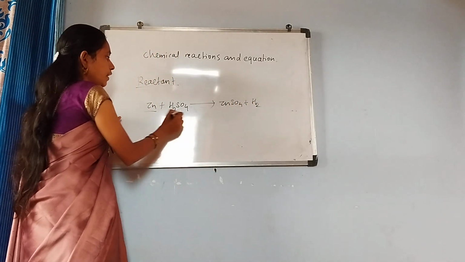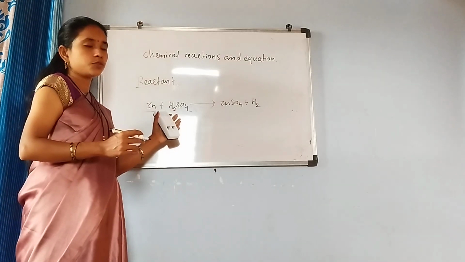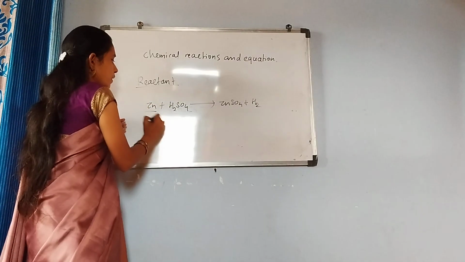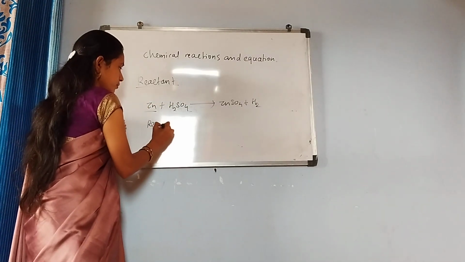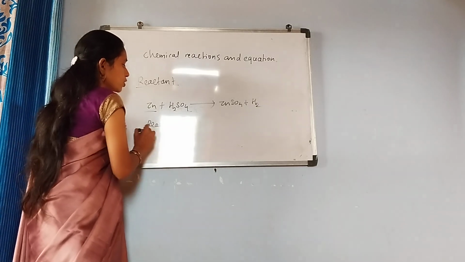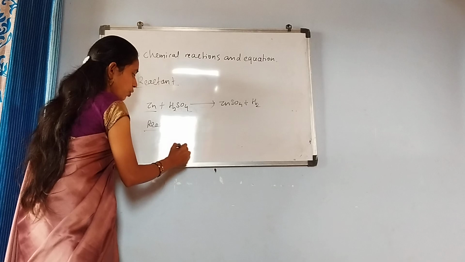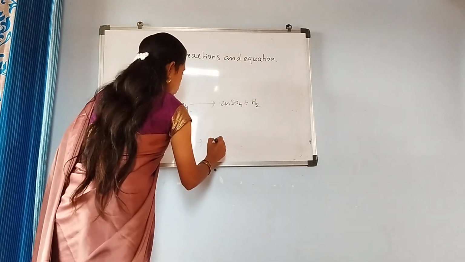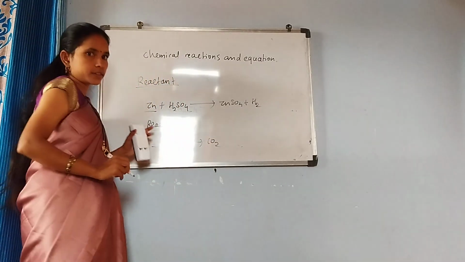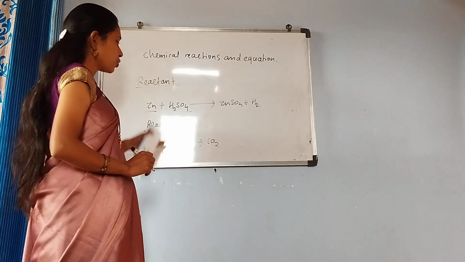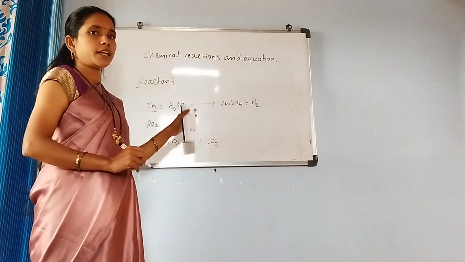So zinc and sulfuric acid both are involved to form a substance, so we call them reactants here. Like carbon reacting with oxygen and forming CO2. The substances which take part in a reaction we call reactants.